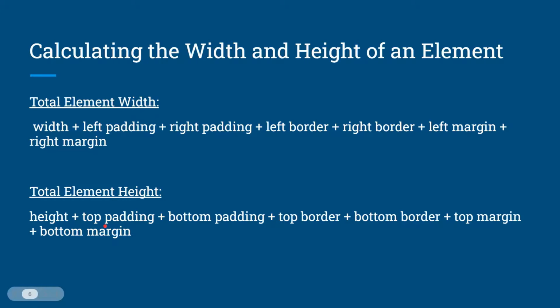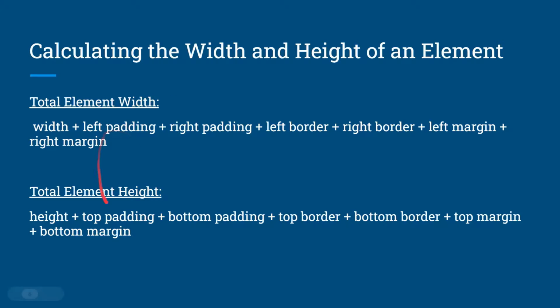So again, just FYI, width is this way, and then height is like this. Just because you can't see the padding or the margin doesn't mean they're not part of your element, because it's like imaginary space you're giving to your element.